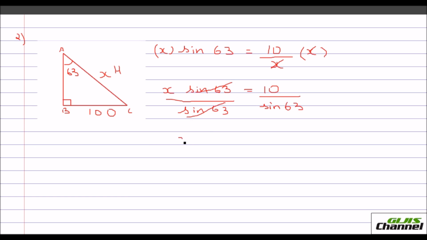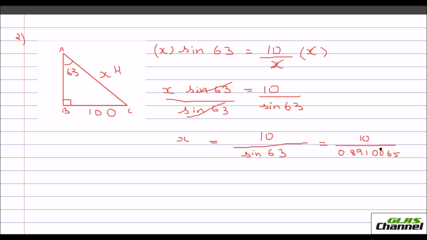So, you are left with x equals 10 over sine 63. Use your calculator to find sine 63, and that would give you 10 over 0.8910065 and something like that.